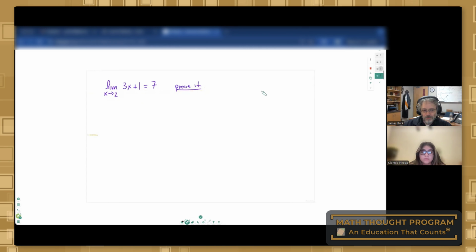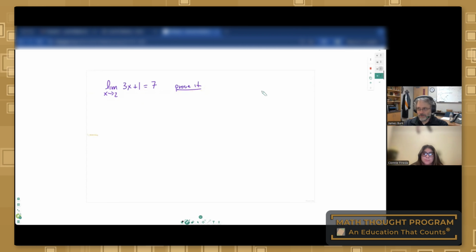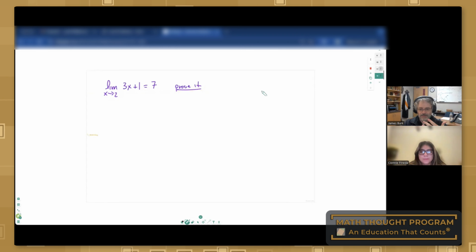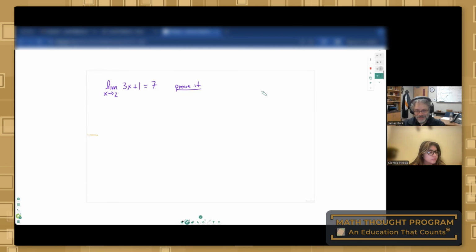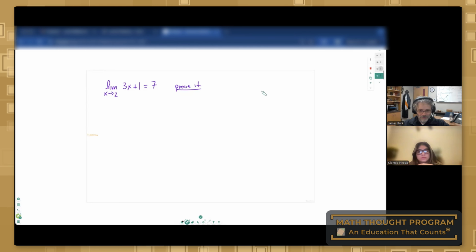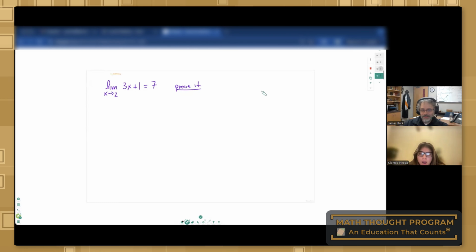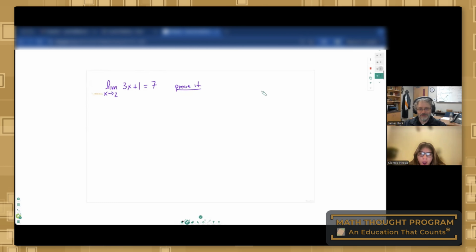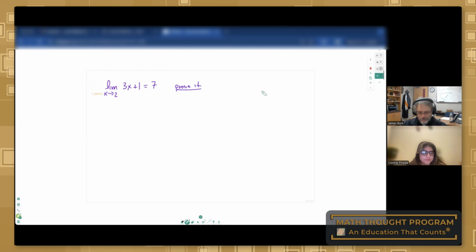So, in order to go about your limits, you have to look at necessity and sufficiency, closeness, whatever that means. And that's where the delta and the epsilon come into play. What is the actual delta-epsilon definition of a limit?